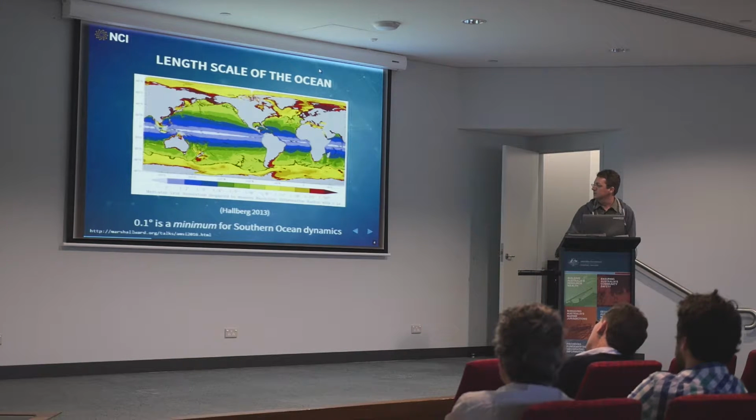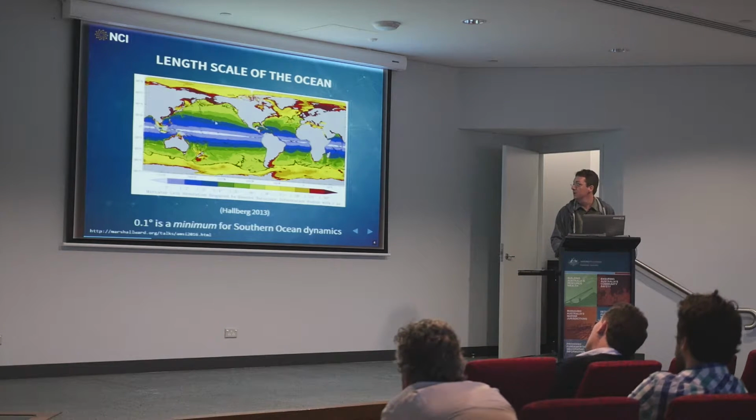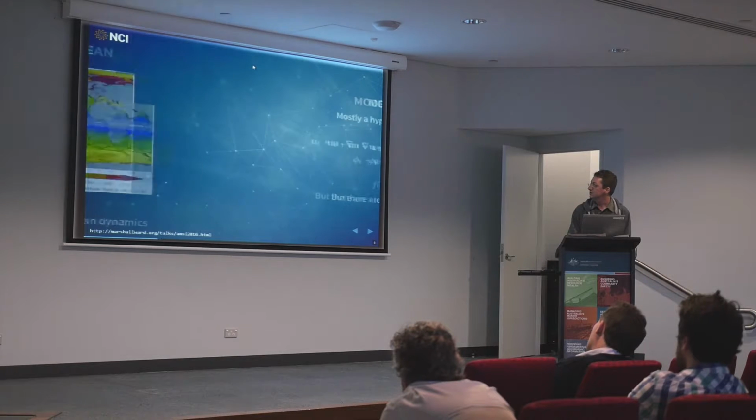And what it comes down to is that you basically need to get around 10th degree latitude to capture the major length scale of the turbulence of the ocean. And that's particularly true in the Southern Ocean, which is more relevant to Australia maybe than other parts. North America tends to focus here, and Japan tends to focus here, for example. But just global simulations need very high resolution.